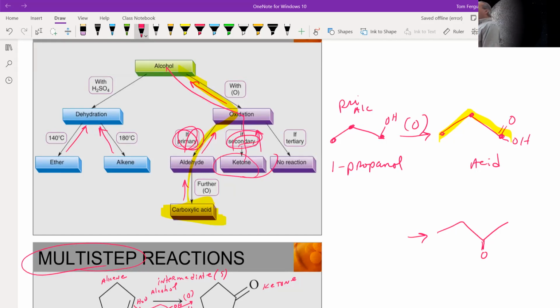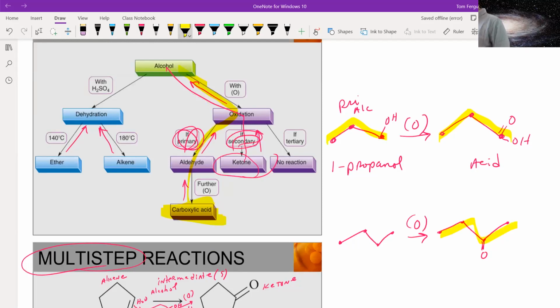All right, so let's look at the backbone. Okay, we have a 4-carbon backbone and a secondary alcohol.